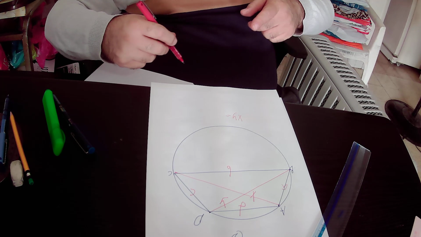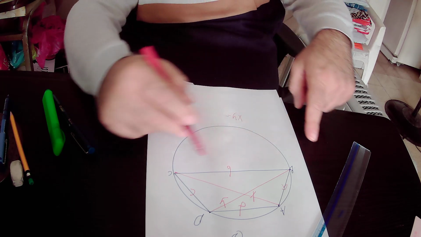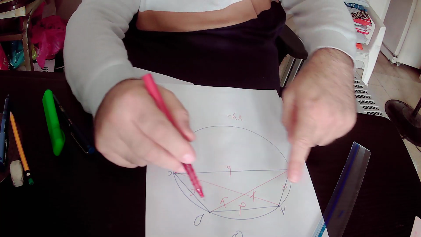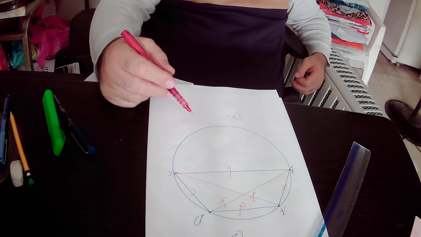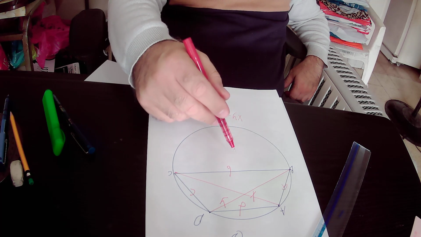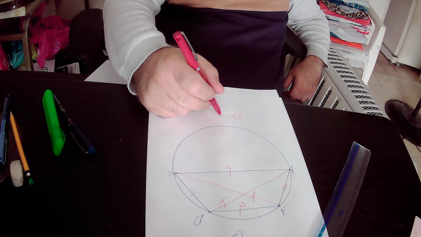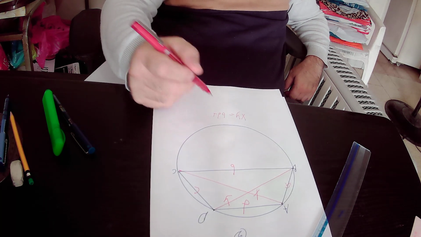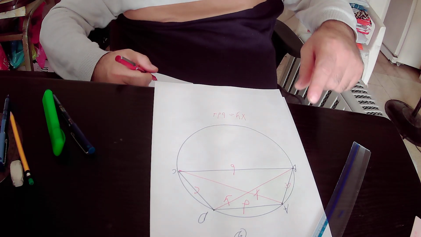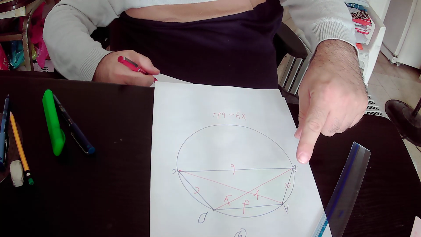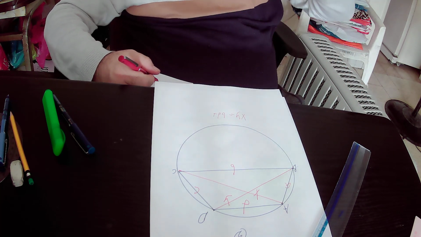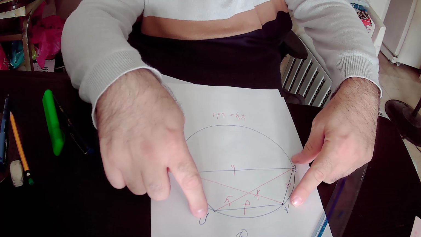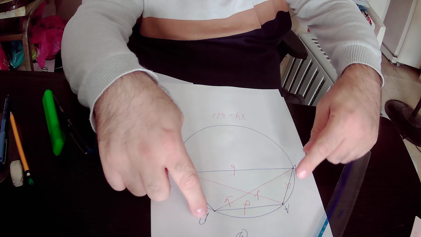The first pair is side BC and side AD, and the product of those two opposite sides is actually B times D. We also have the second pair of opposite sides: side AB is opposite to side CD, and the product of those two opposite sides is actually A times C.